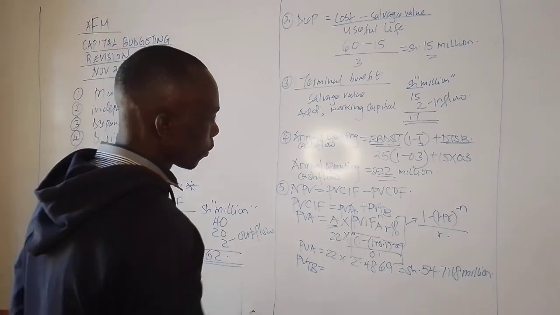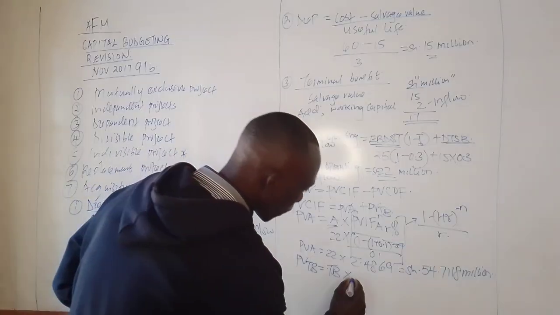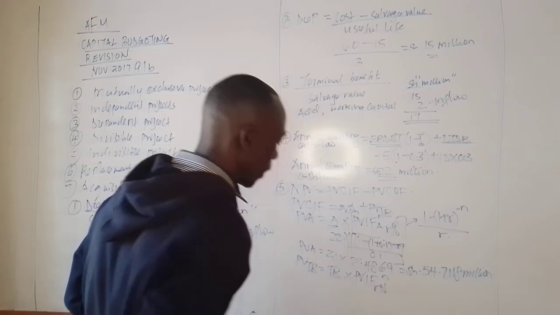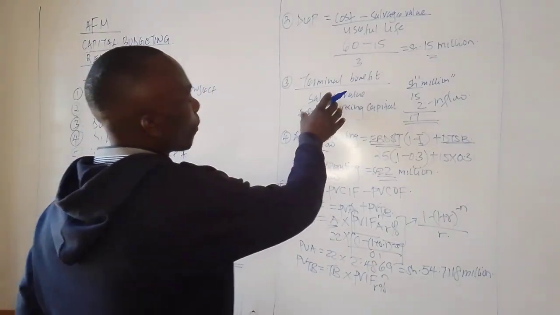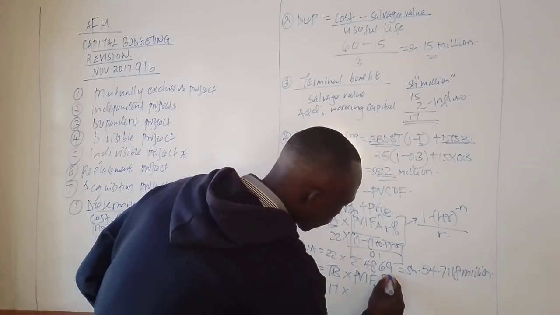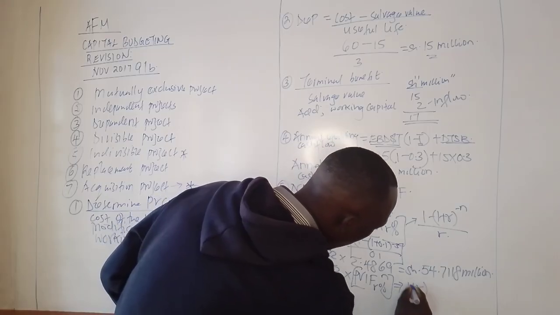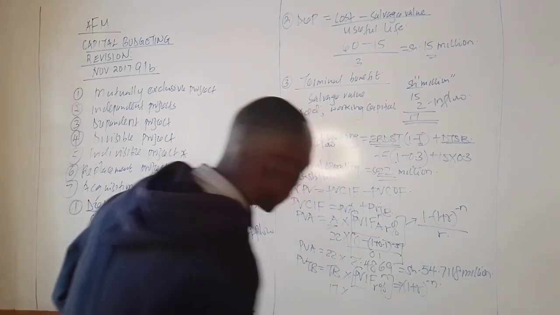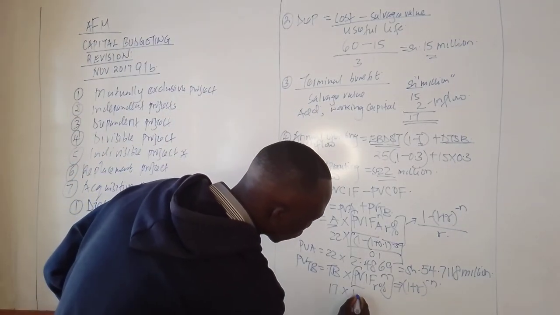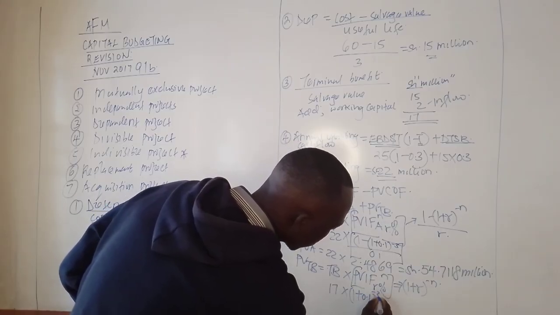Then the next step is for us to compute the present value of terminal benefit. The present value of terminal benefit will be given by the terminal benefit, then you multiply by the present value interest factor, R% N. So the terminal benefit we had computed here, it is 17. Then this factor also is given by 1 plus R raised to negative N. So it is going to be 1 plus 0.1 raised to negative 3.